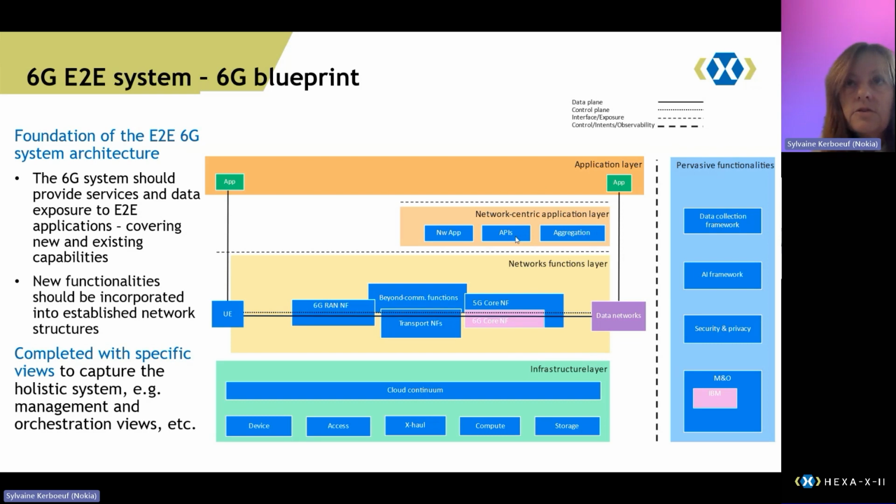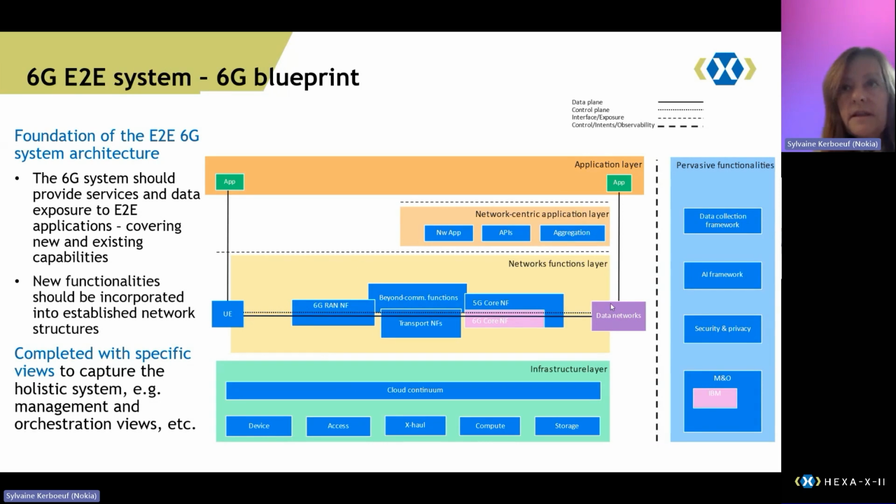It also provides some means to have a controllable exposure of those 6G capabilities toward applications. And since 6G services will be more global, not only providing communication services but a composition of a diverse set of services, this layer will provide some means for aggregation of those services that can even come from different 6G service providers.